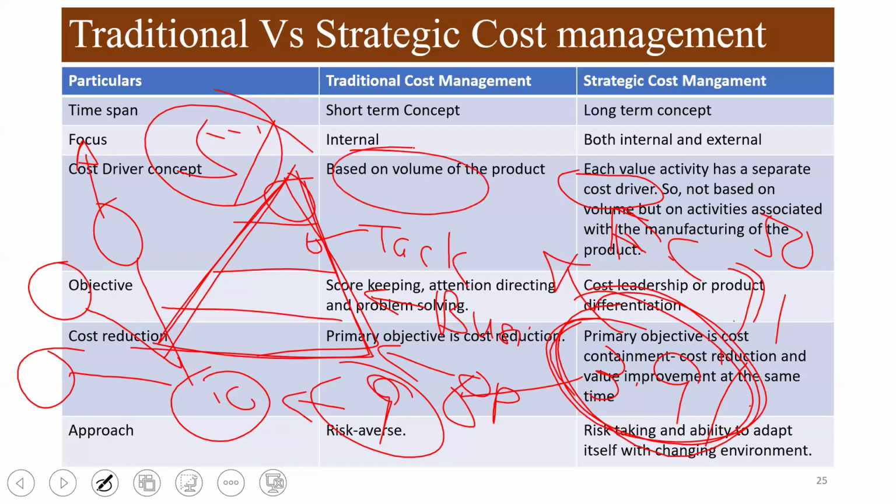In traditional cost management, we are focusing on volume, right? This is where the concept comes in. When you do volume business, what benefit will you get? I explained that last time. Your fixed cost will reduce, right?